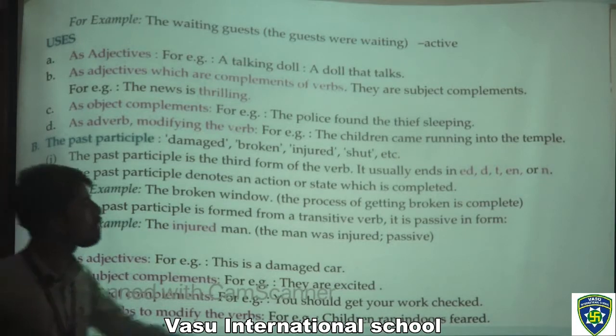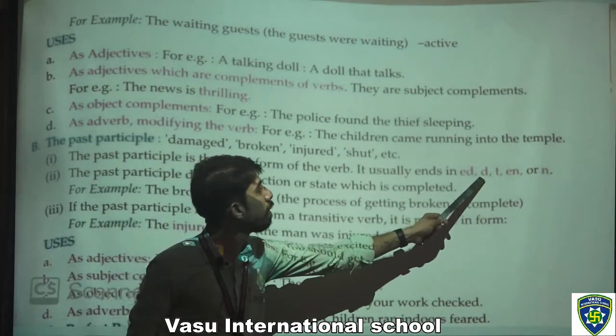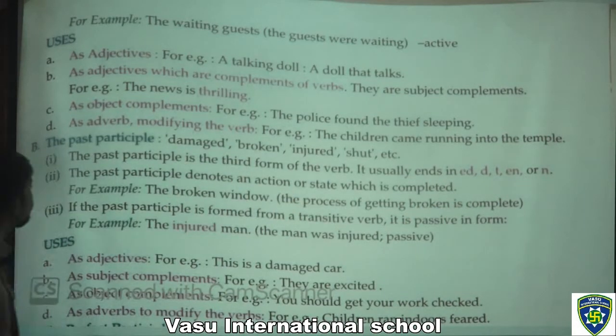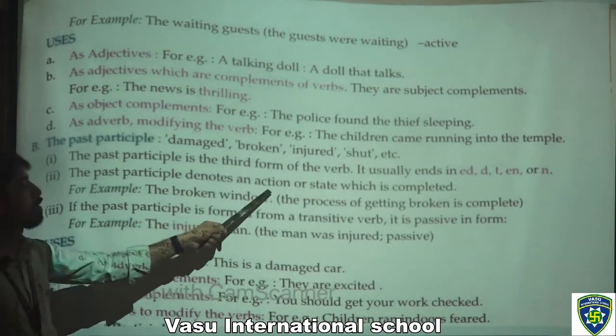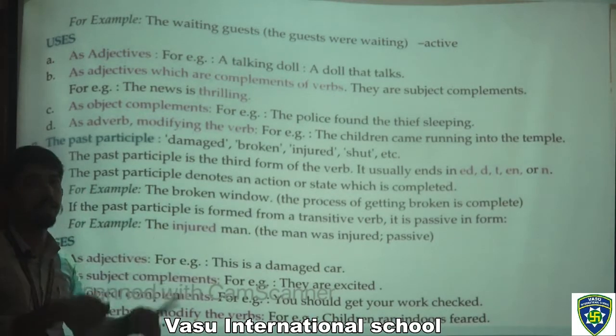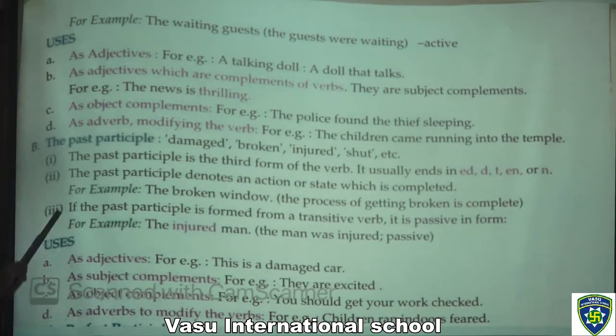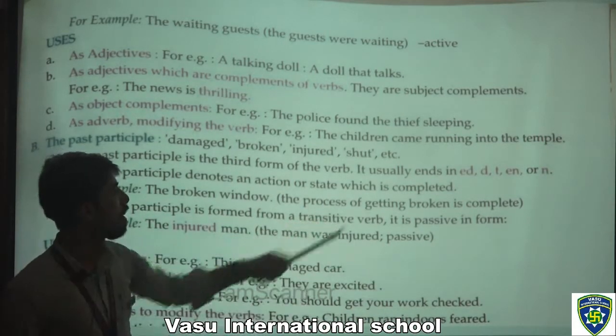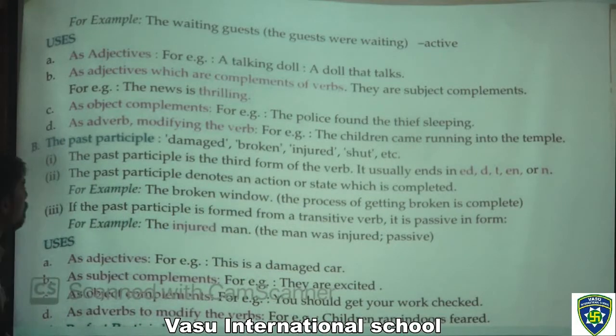It usually ends in ed, d, t, en or n. So the past participle denotes an action or state which is completed. So for example, the broken window. Now the process of getting broken is also complete.